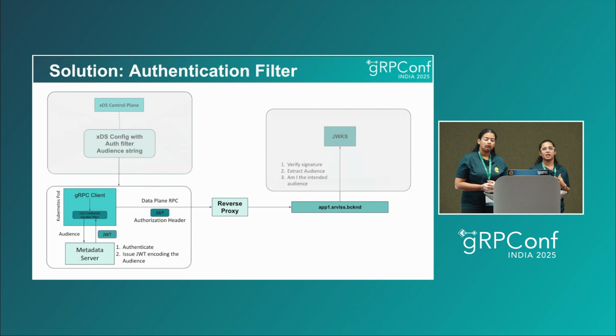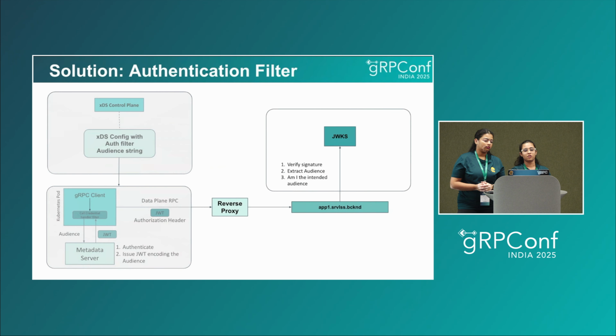Then a per-RPC filter will run, which will call the call creds code, pass the audience to the metadata server, get the token with the audience encoded in it, and attach it to the RPC. Then when the target receives the token, it is going to verify it using JSON web key sets, and it will also extract the audience and verify if it's intended for it.